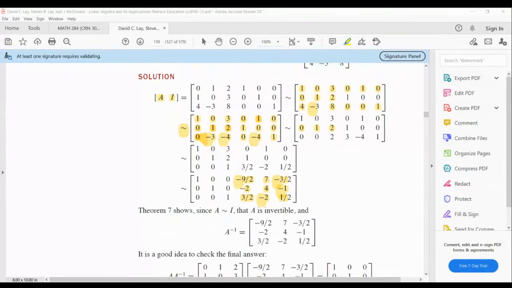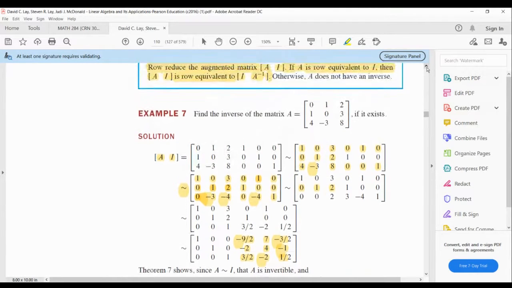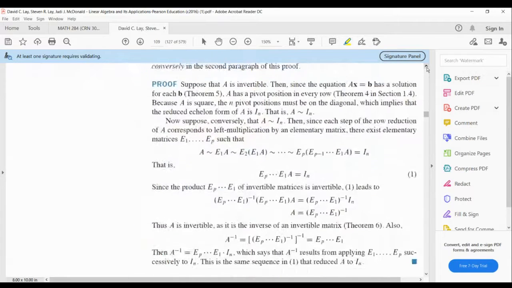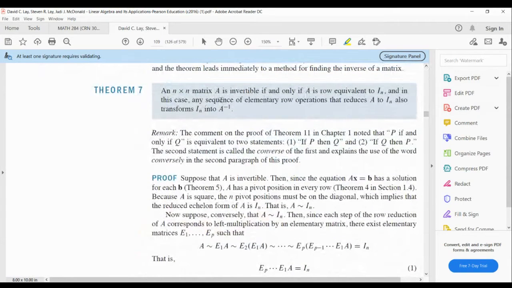And that's the algorithm, and then they formally represent it as a theorem, theorem 7. A square matrix A is invertible if and only if A is row equivalent to the identity. And in this case, any sequence of elementary row operations that reduces A to the identity also transforms the identity into the inverse.